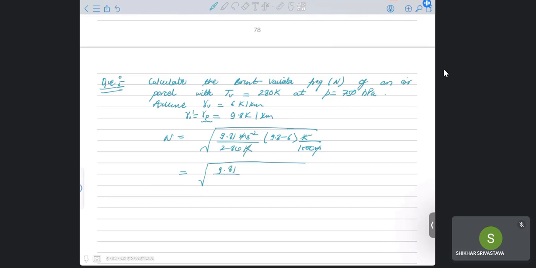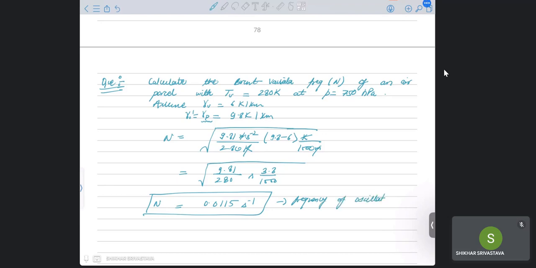So 9.81 divided by 280 times 3.8 divided by 1000. When you calculate this, it comes out to be 0.0115 second inverse. This is the frequency of oscillation of the air parcel.